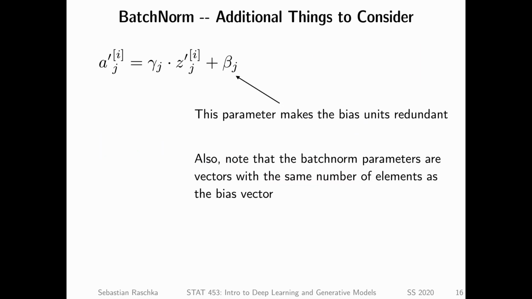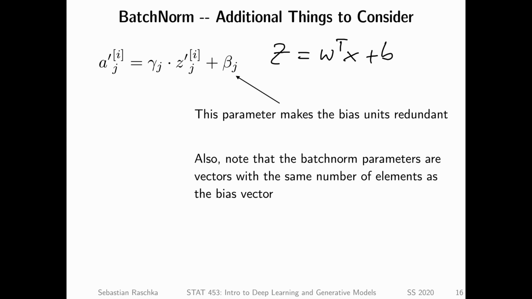One more note about this parameter beta. When we compute the Z, the net input, we usually have the weighted inputs plus the bias unit. But if we have this beta, it really makes the bias redundant, because we are just adding a constant.